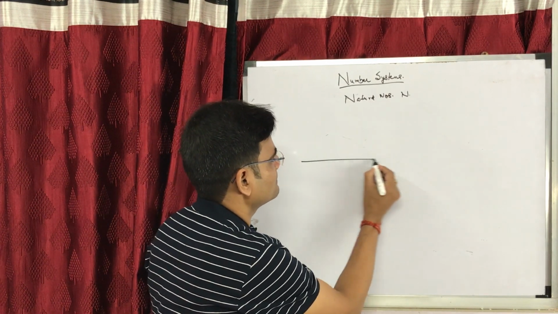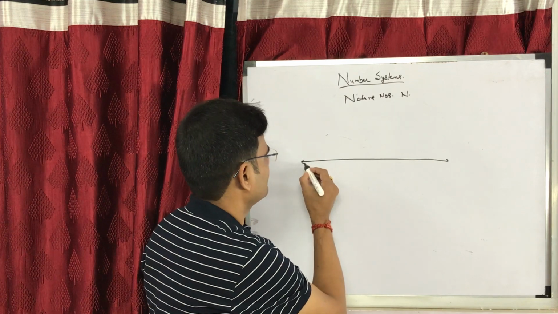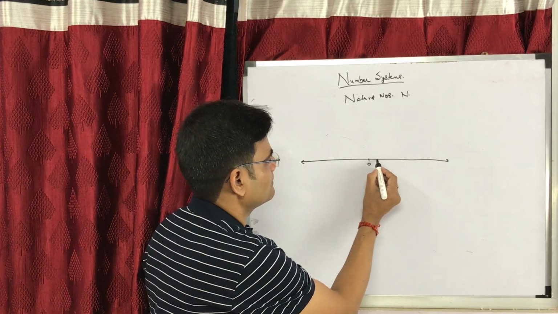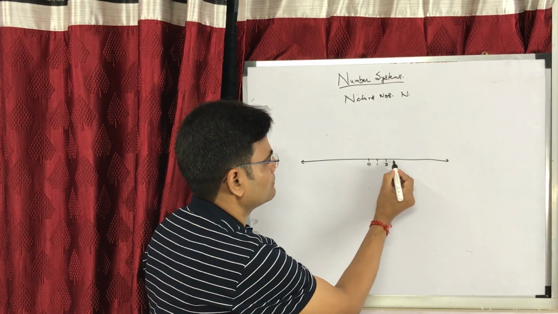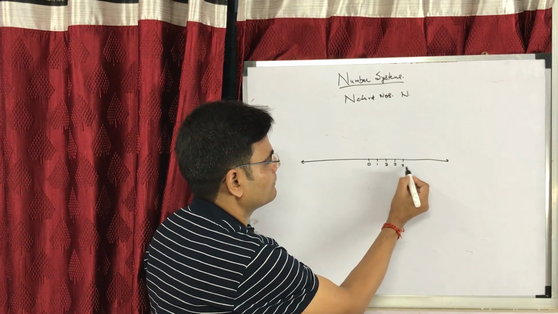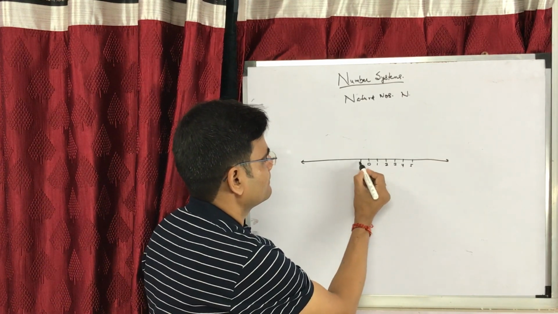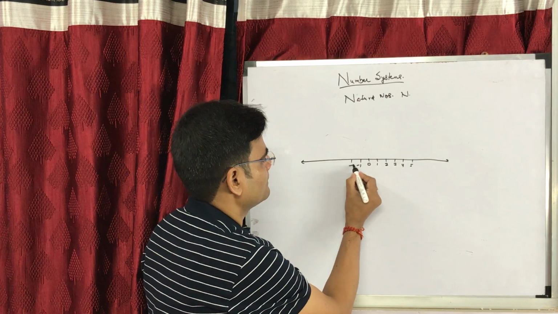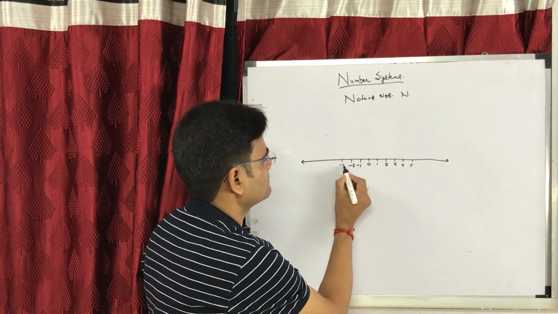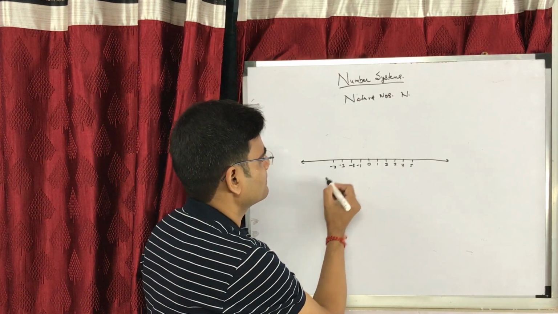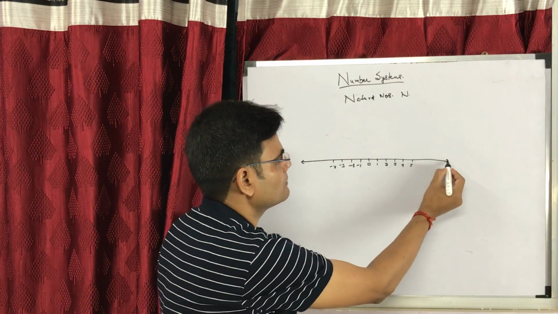First of all, the number line. This is the number line. You know that, right? We have 0 in between. 1, 2, 3, 4, 5, minus 1, minus 2, minus 3, minus 4. So this goes infinitely.